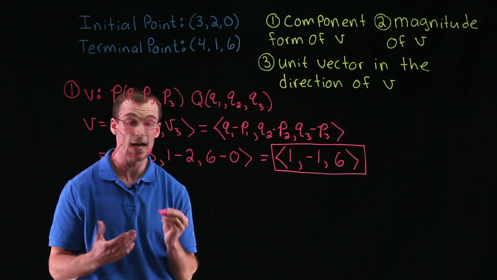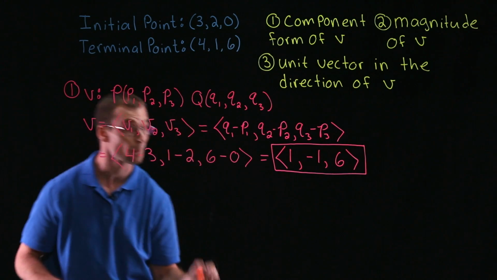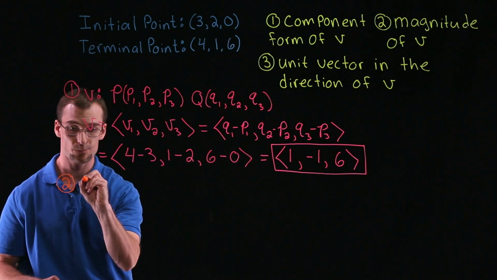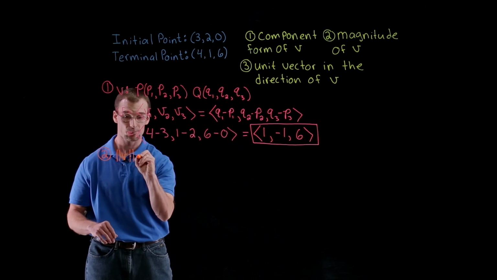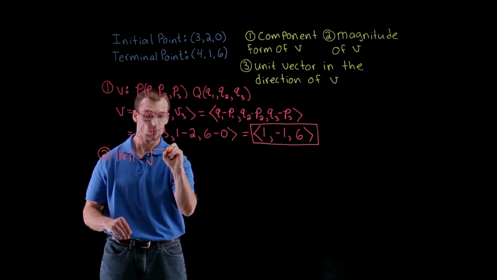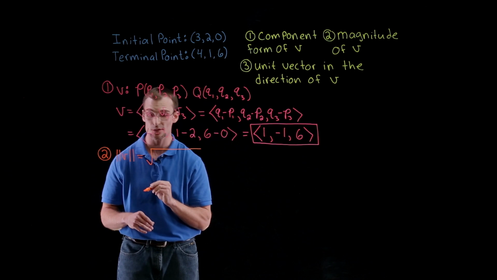Part two, we want to find the magnitude of this vector v, which again, even in 3 dimensions, the formula is very similar. It's the square root of the sum of squares of the components.